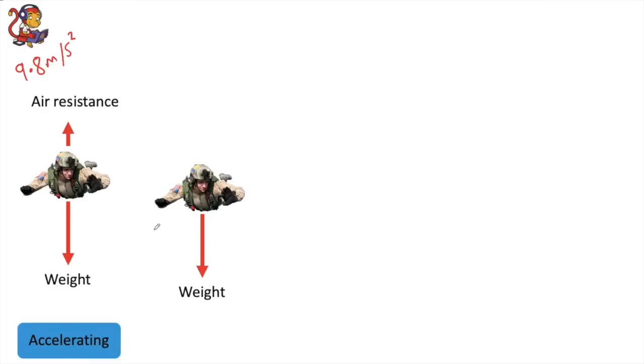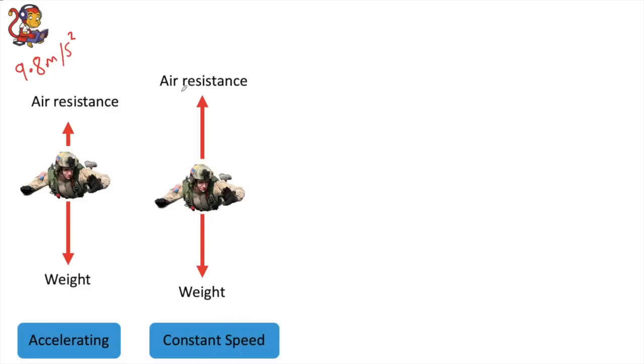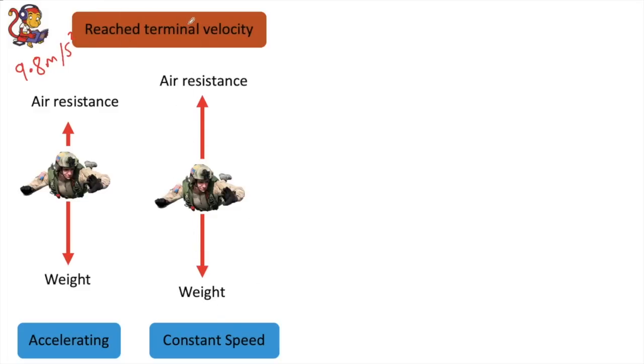And then as speed increases, so as he accelerates, air resistance will also increase until you get to a point where the air resistance will balance out the weight, shown by the same size arrows here. And in this case, he will not be accelerating anymore, but he would have reached a constant speed. And when he's falling, because he's falling through a fluid, we call this constant speed a terminal velocity.